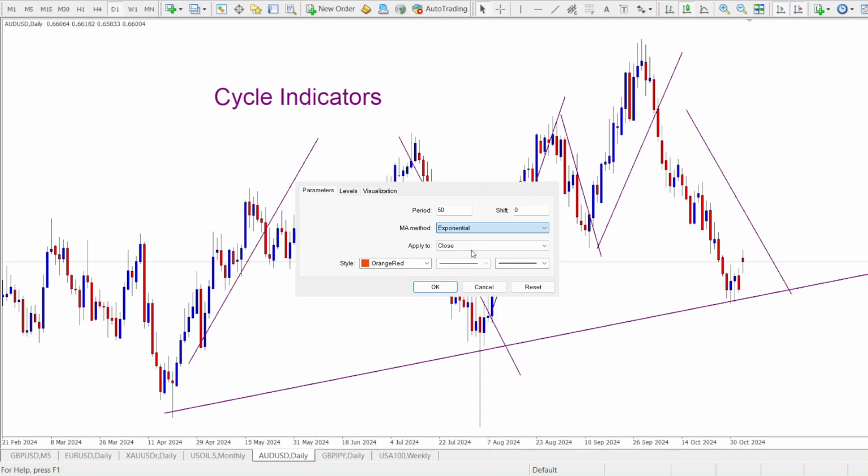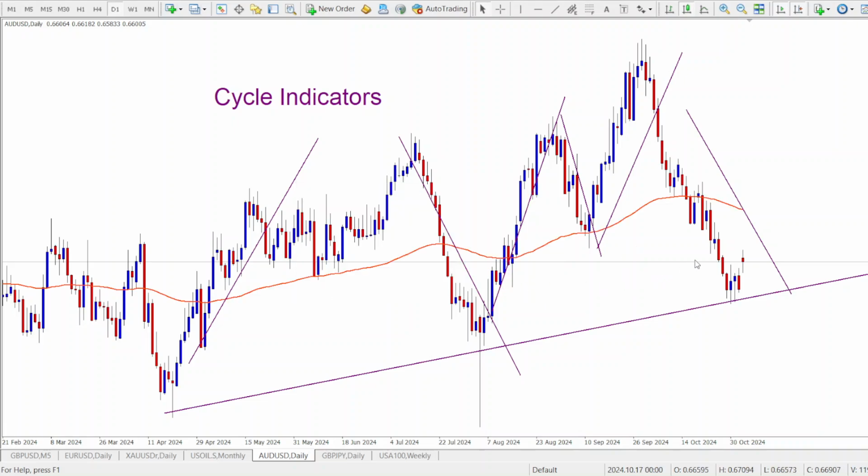Because we are using it as a cycle indicator, we are going to use the smoothed moving average. You can also decide to use the linear weighted, because for cycle analysis it's especially smoothed or weighted moving averages that are used. They can show us when price momentum is picking up or slowing down, and it often aligns with the market's cyclical behavior.